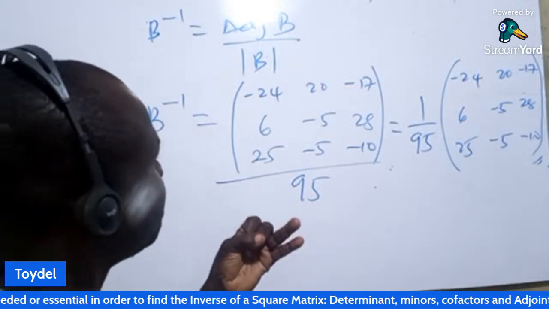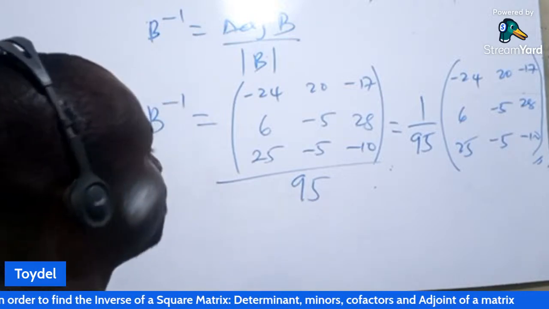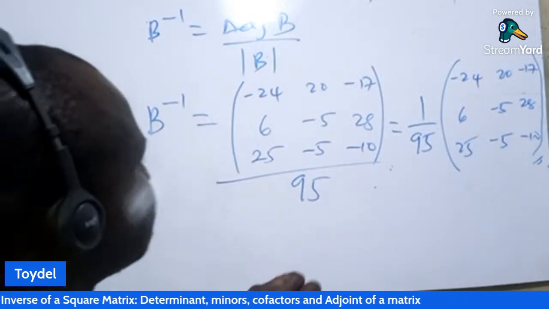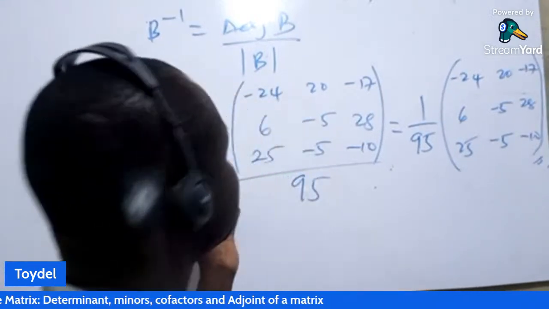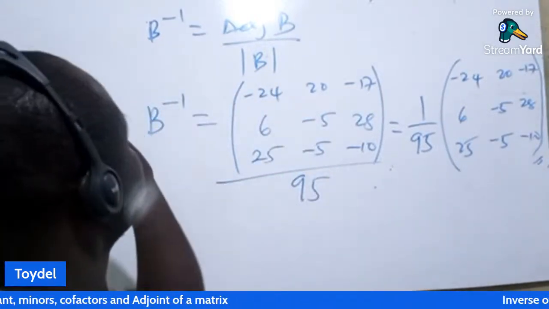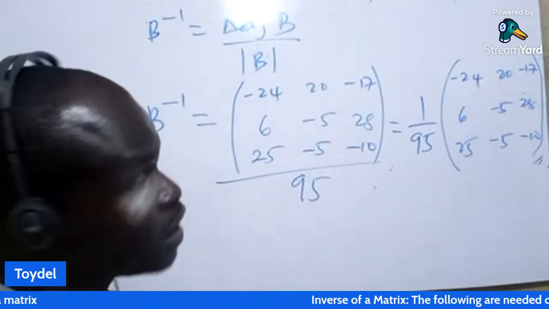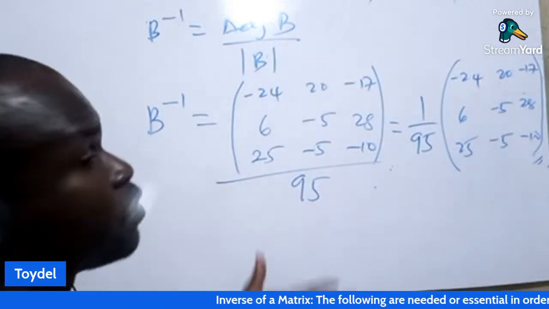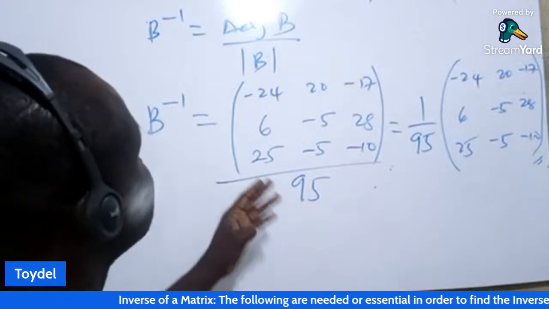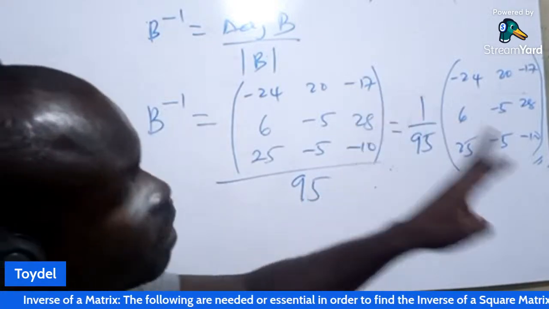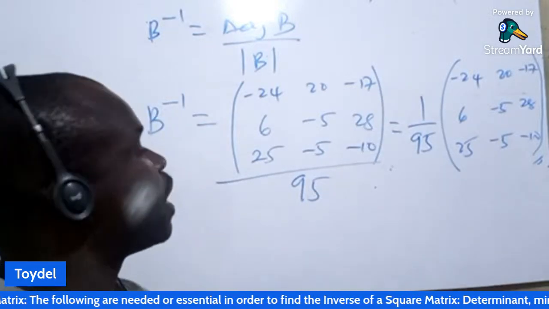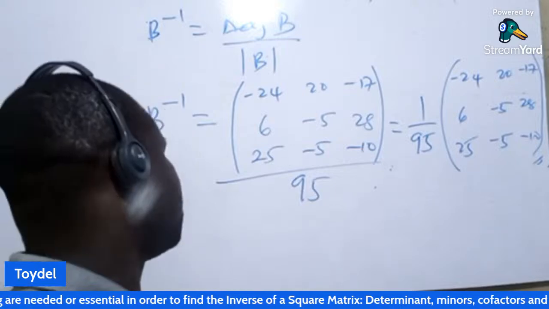Then you go ahead and find the minors of the matrix. Then from the minors, you find the cofactors, which simply means minors with appropriate signs. Then we transpose the cofactor, and that is equal to the adjoint of that matrix. So if you follow the four steps, the inverse of that matrix will be the adjoint of the matrix all over the determinant of the matrix.